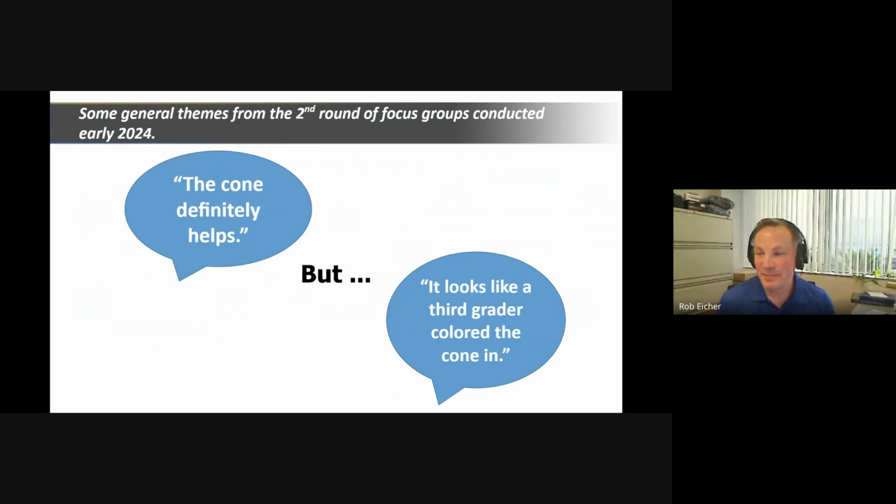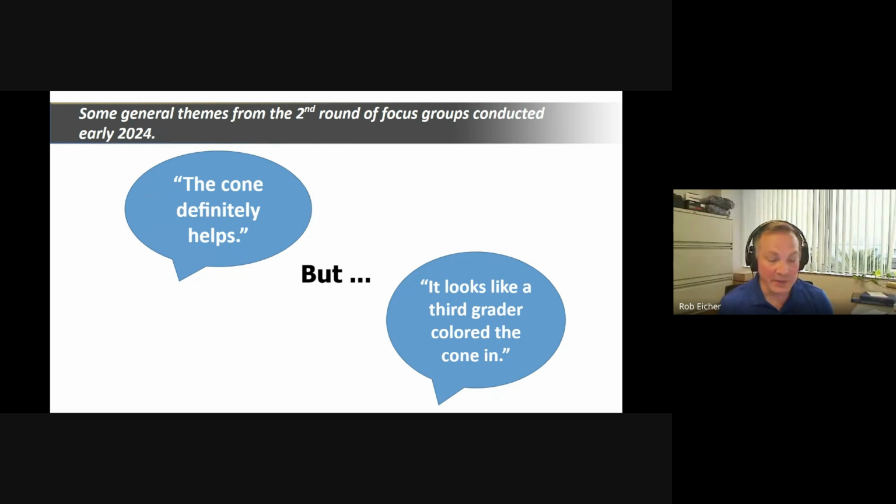But the work continues. We felt like, all right, we're on the right track. Probability information seems to be a good idea. But work continues, and we assembled another focus group, again broadcast meteorologists, emergency managers, National Weather Service personnel as well, and asked them to help us make the graphic even better. In the survey, we didn't really get a definitive answer about whether this graphic should or should not include the cone.